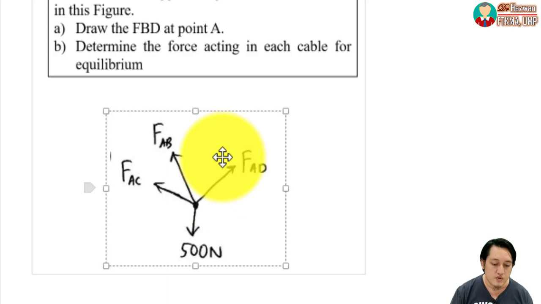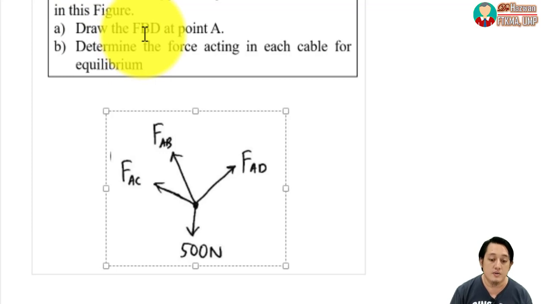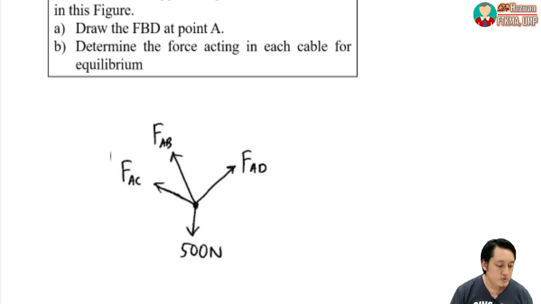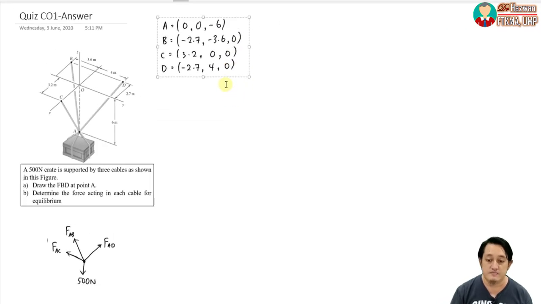Okay, so next, part B, determine the force acting in each cable for equilibrium. So for this one, before you can start solving the force here, you need to make sure you have the correct coordinates. So these are the coordinates.